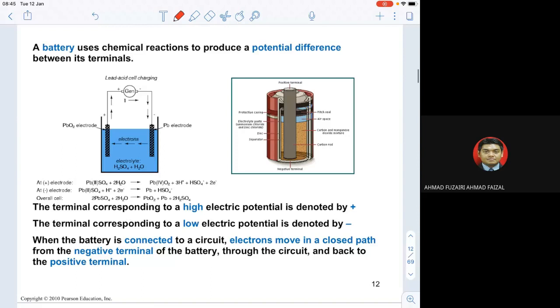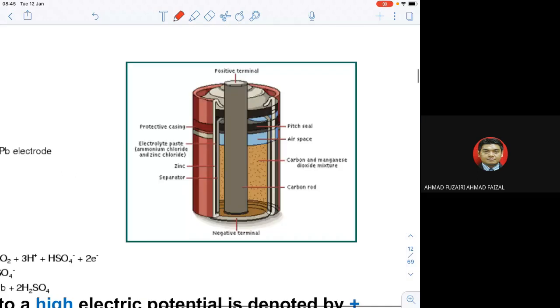A battery uses chemical reaction to produce a potential difference between its terminals. From the perspective of the battery itself, we will have a positive and negative terminal. If you look carefully, these are the positive terminals of the batteries on top of the battery.